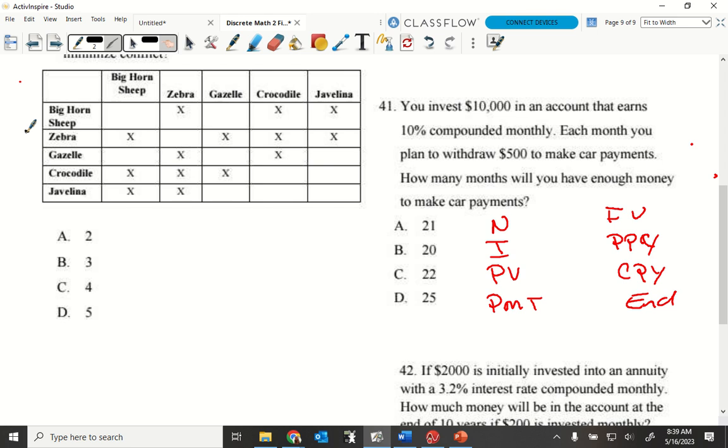So my I is going to be 10%. PV, 10,000 because that's my investment. Is it positive or negative? Positive, it's your money, it's your investment. Negative means I'm borrowing money.